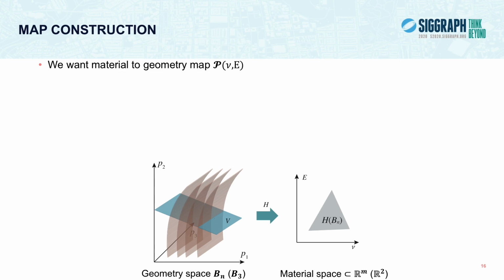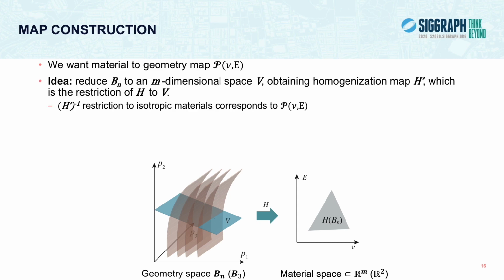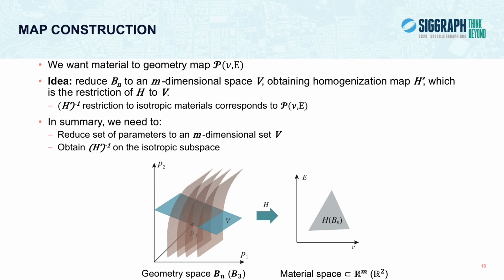In our case, remember that we have n equal to 8 and m equal to 4, since we have guaranteed orthotropy. Then, the idea is to reduce space B^n to an m-dimensional space V, obtaining an m-to-m homogenization map H', which is the restriction of H to V and is at least locally invertible. In summary, we need to reduce the set of parameters to an m-dimensional set V and obtain the inverse of H' on the isotropic subspace.